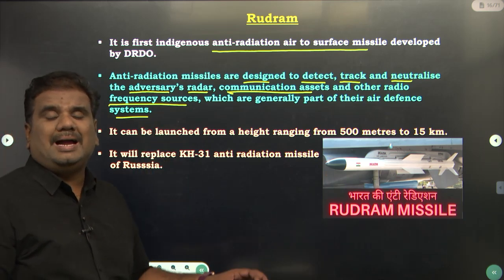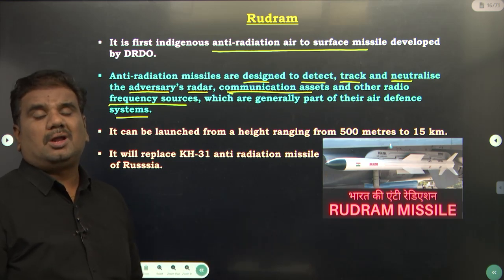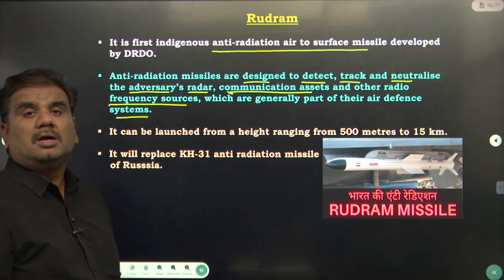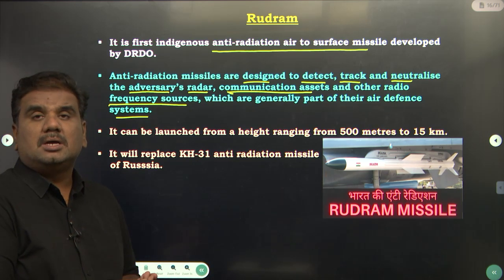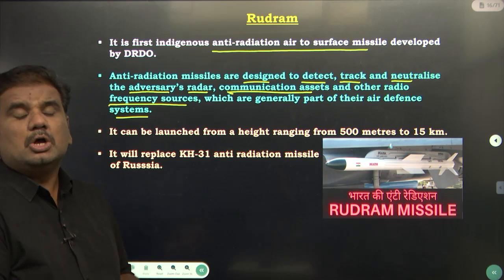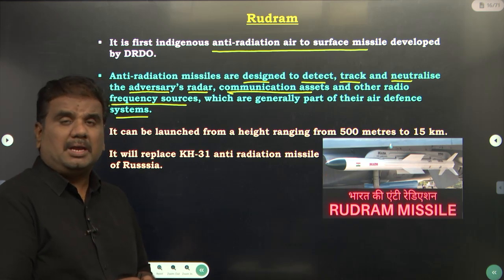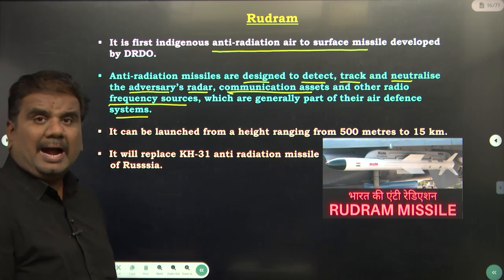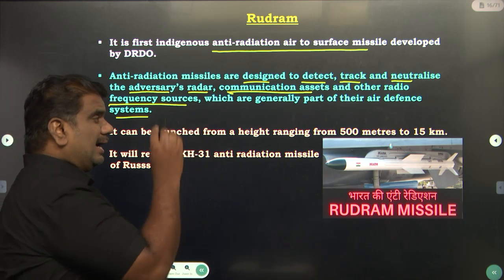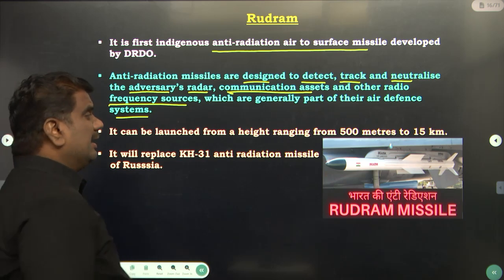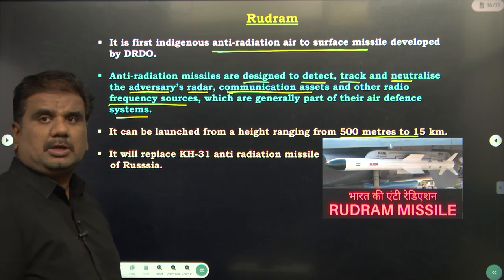So, the moment the anti-radiation missile lands in any particular region, it can neutralize, destroy and track all these things belonging to the enemy's radars, enemy's communication systems, or radio frequency sources. All of those can be destroyed using this anti-radiation missile which is known as Rudram. And this Rudram missile can be launched from a height ranging from 500 meters to 15 kilometers.